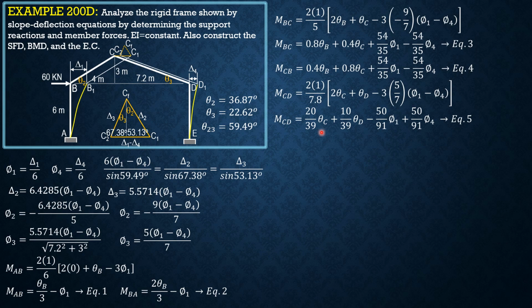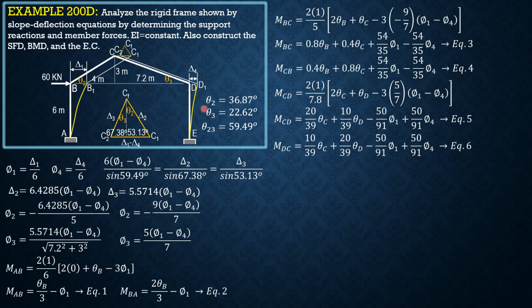So therefore MDC, the shortcut is interchange the coefficient of these first two terms, copy the last two terms. So 10 over 39 theta C plus 20 over 39 theta D minus 50 over 91 P1 plus 50 over 91 P sub 4. Equation 6.